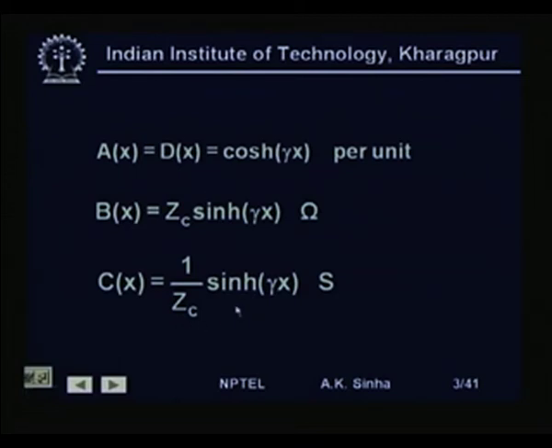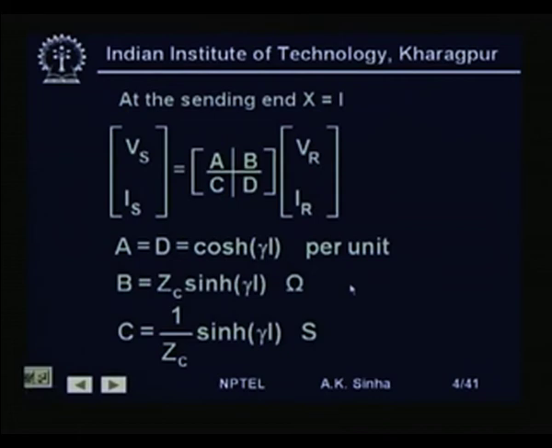So, this is the model where A and D are basically dimensionless, B has a dimension of impedance and C has the dimension of Siemens, that is admittance.